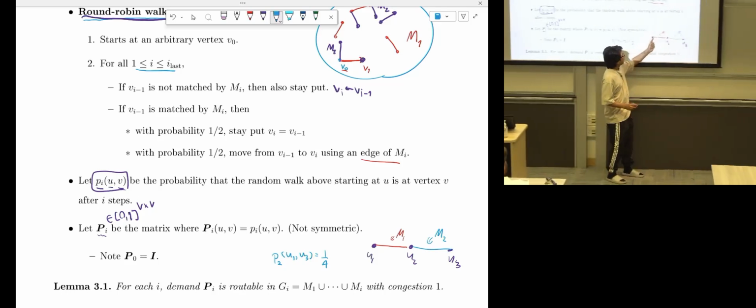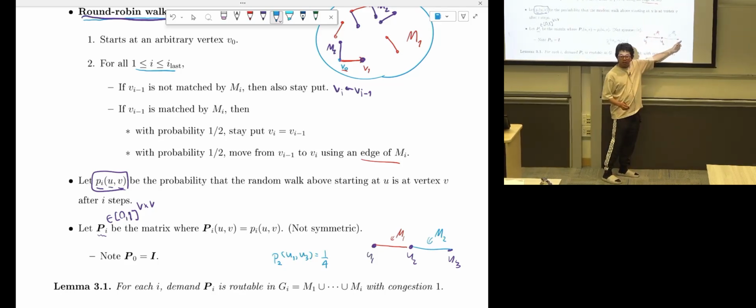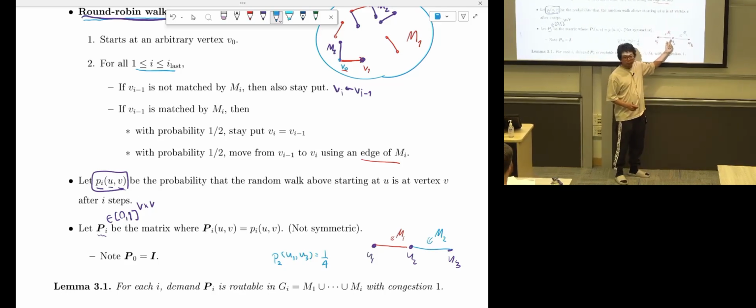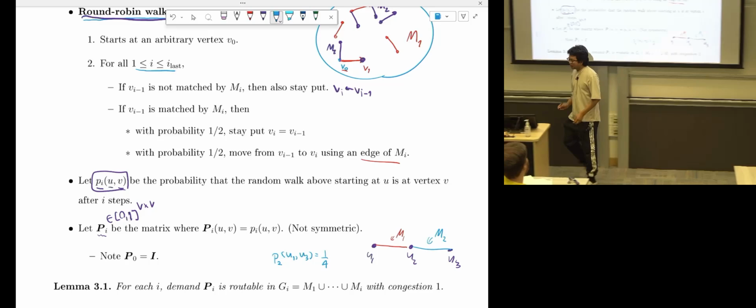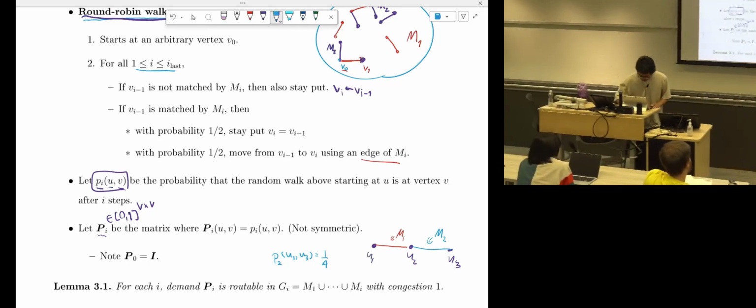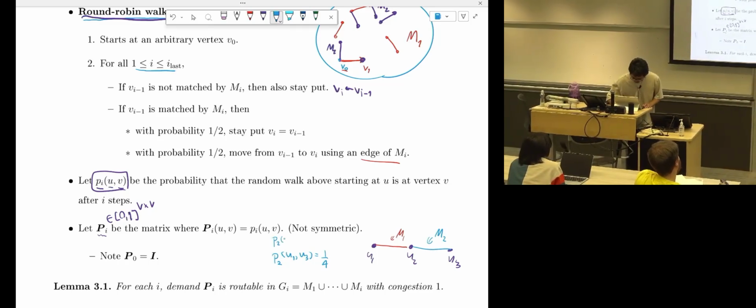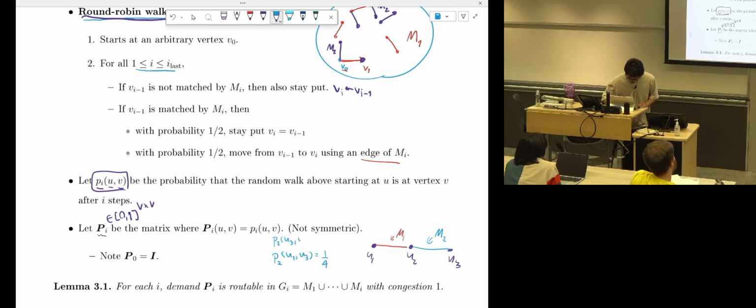You walk from here to here with probability 1/4, because at round 1 you go here with probability half, and at round 2 you go here with probability half. What's P_2 of u3, u1?